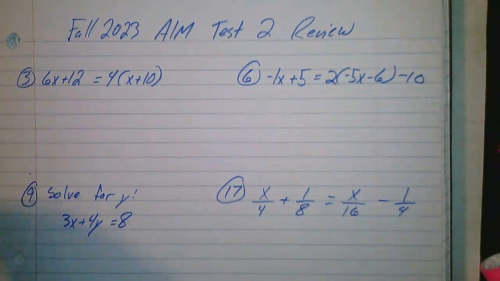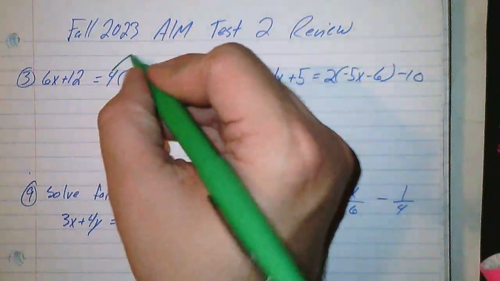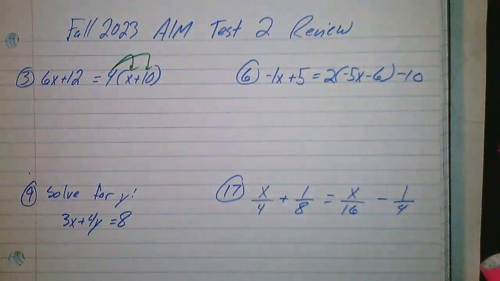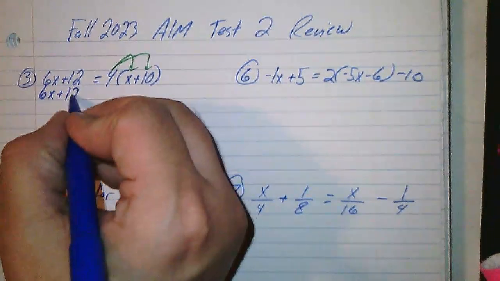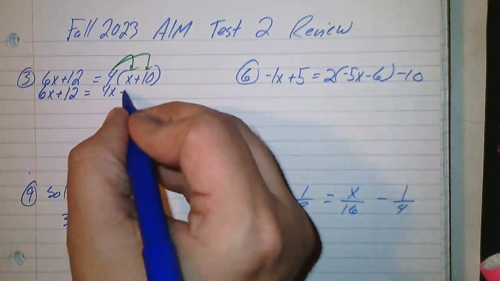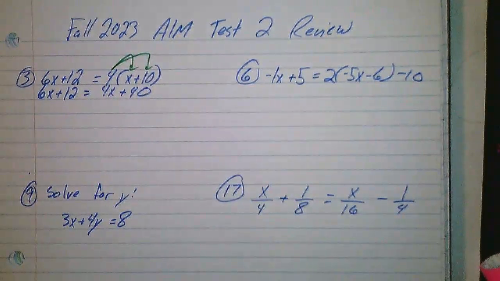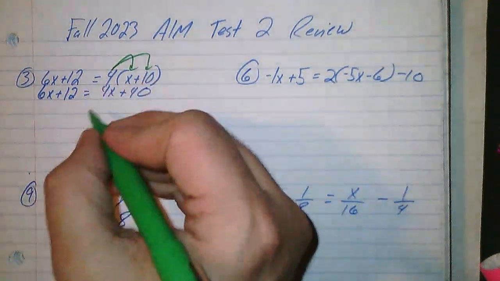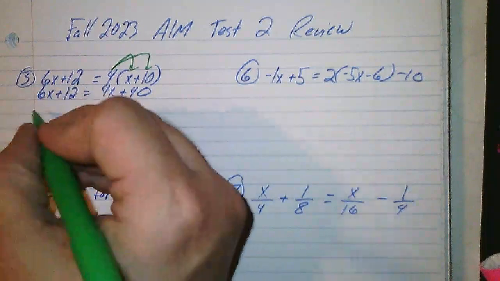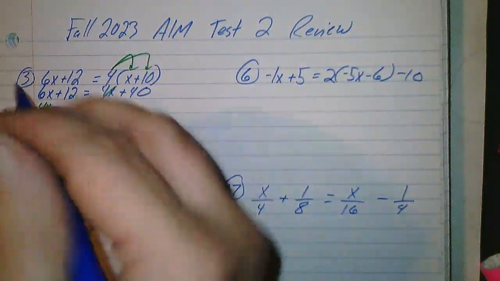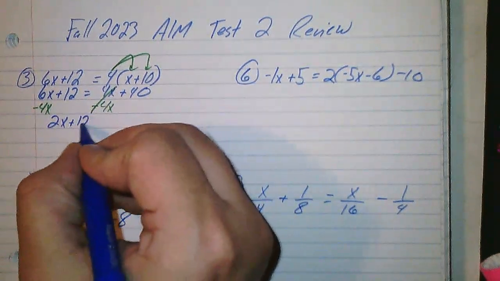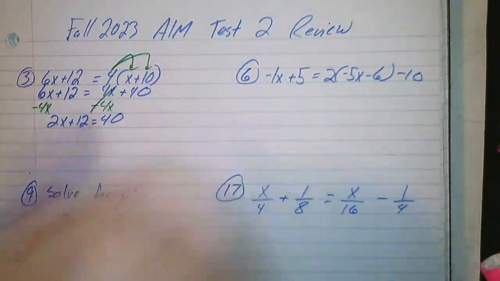So let's take a look at these. For number 3, the first thing we'll do is distribute this 4 to give us 6x plus 12 equals 4x plus 40. And now we solve the equation. Usually we get the x's on the left. That would give us 2x plus 12 equals 40.